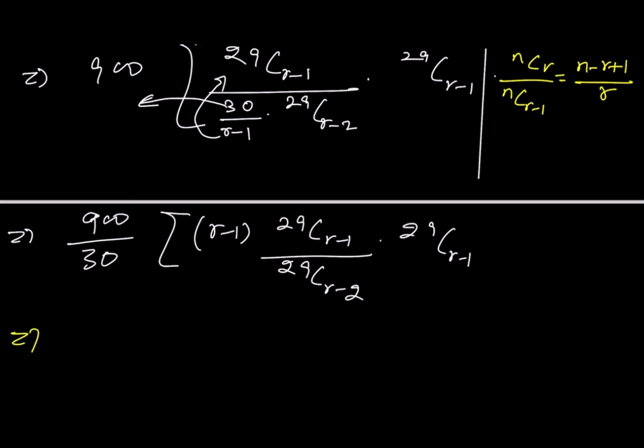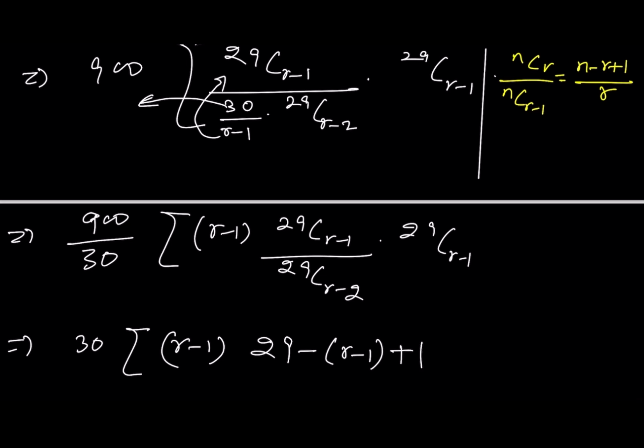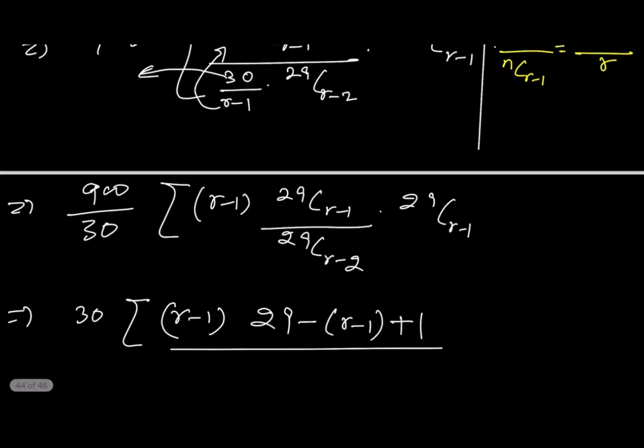So outside there is 30 and this r minus 1. Now n is 29, so 29 minus, in place of r I will write r minus 1, plus 1 upon r minus 1, into 29C(r minus 1). So r minus 1 and r minus 1 cancel out.